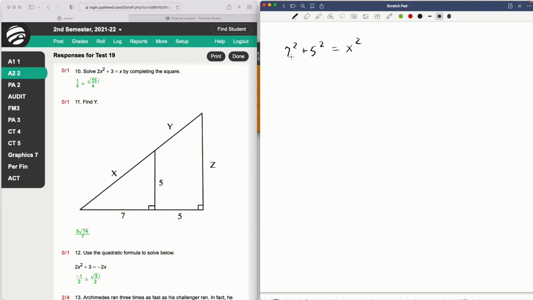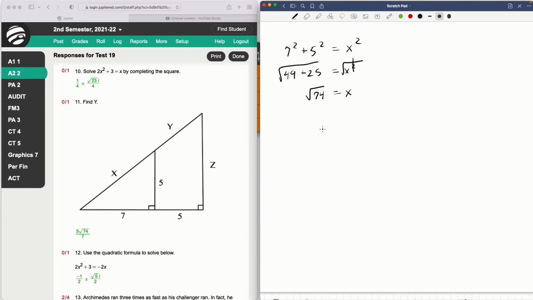I square both of those. 49 plus 25 is going to be 74. So the square root of 74 is equal to x, because those two cancel. Square root of 74 is going to be the value of x.